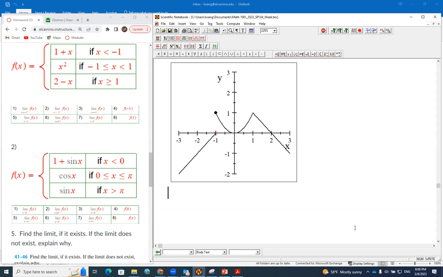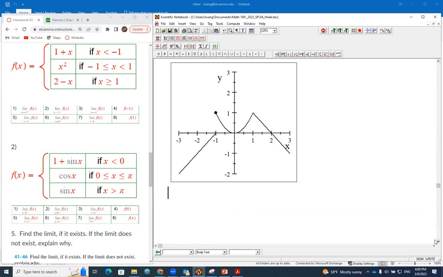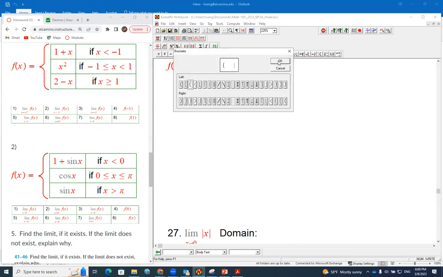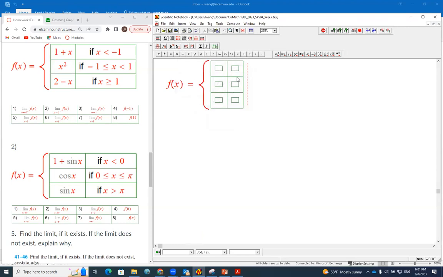So copy the question. You can see I prepared some other questions for you. You will surely have these kind of questions on your midterm exam. So the sooner you get it done, you understand it, you know how to deal with it, it's better.